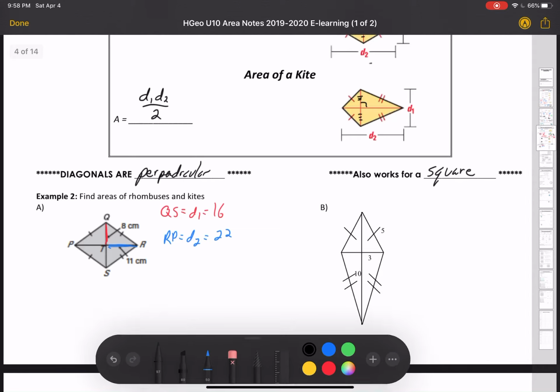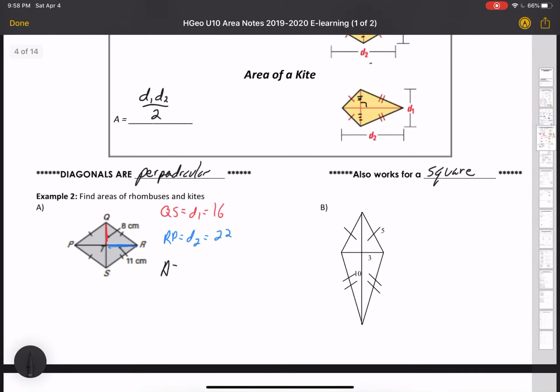So to find the area of this rhombus, I'm going to take D1 times D2 divided by 2. Just plug that straight into my calculator. 16 times 22 divided by 2. And the area is going to be 176 centimeters squared. All right.